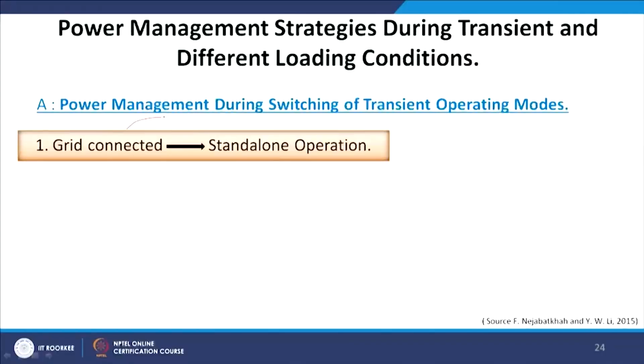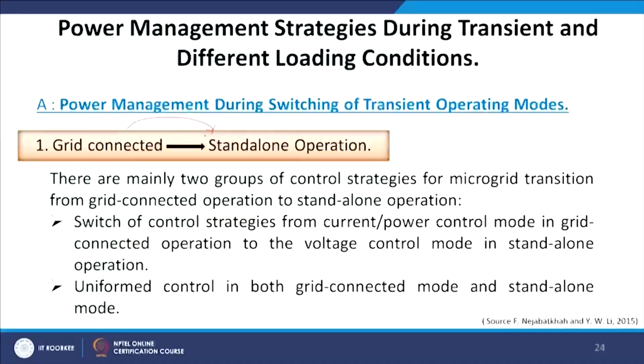So, considering we had the grid connected mode and now the standalone mode of operation, how do you manage the power during switching of transient operating modes? There are mainly two groups of control strategies for microgrid transition from grid connected operation to standalone operation.